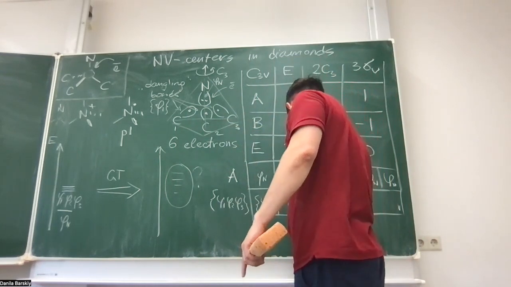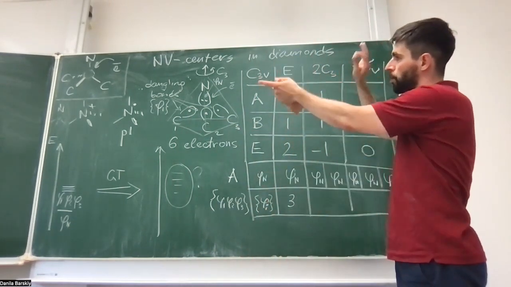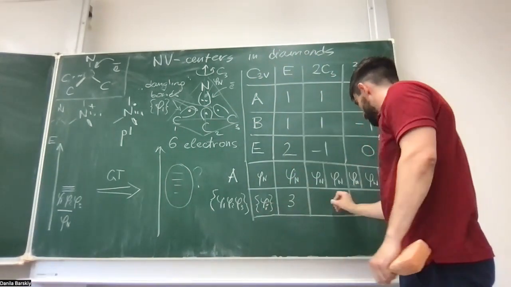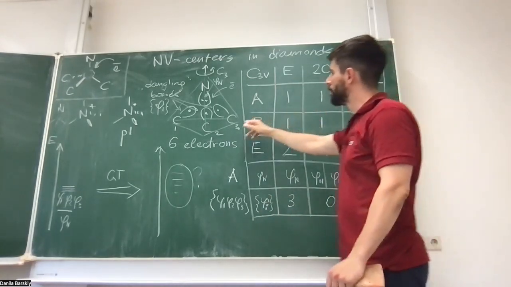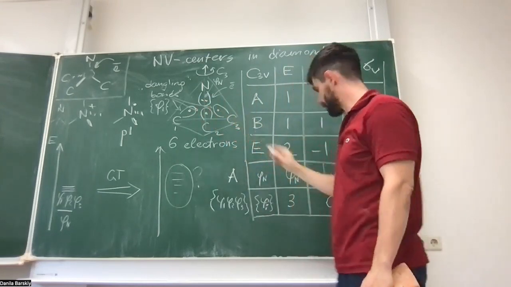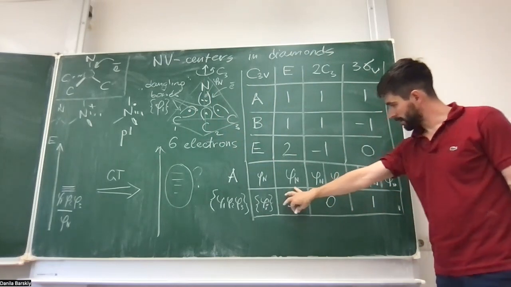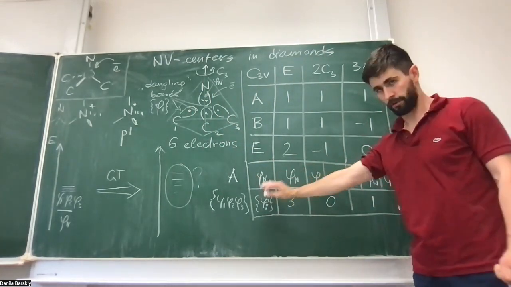They contribute a character of 3. You rotate clockwise or anti-clockwise, and none of them stay in their position, so 0. For sigma V, one of these 3 orbitals will stay, so there is 1. So that's the character line corresponding to the reducible representation.